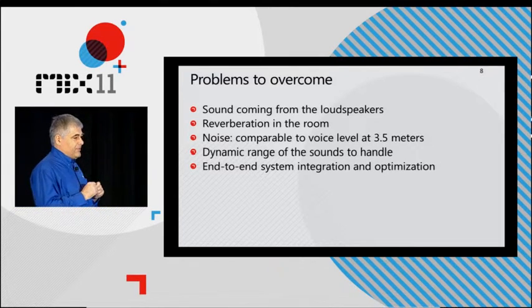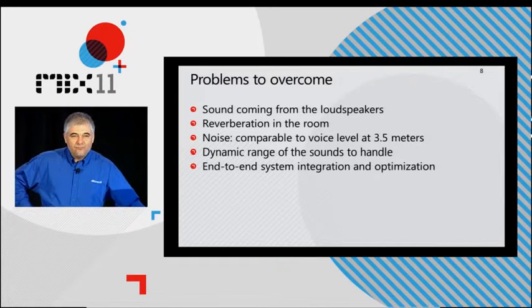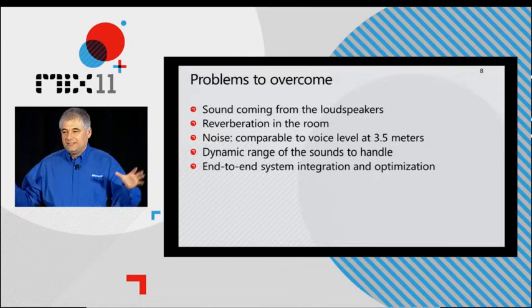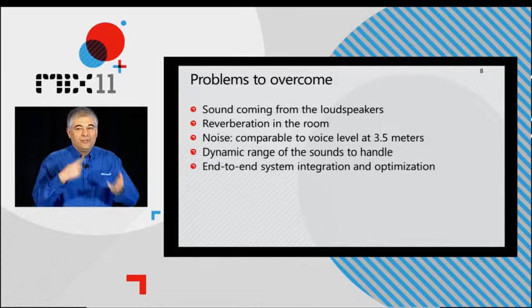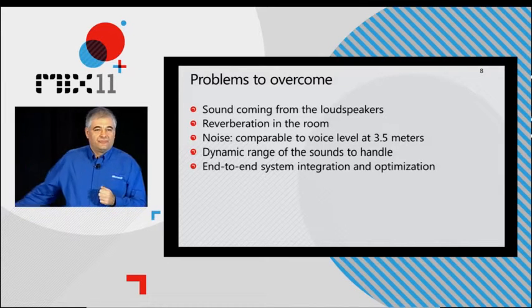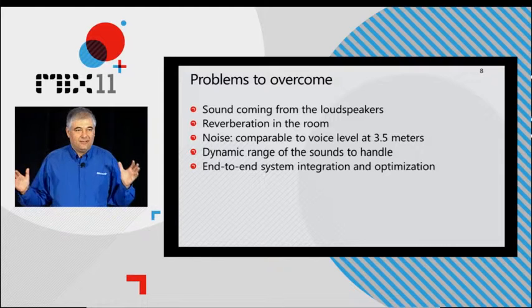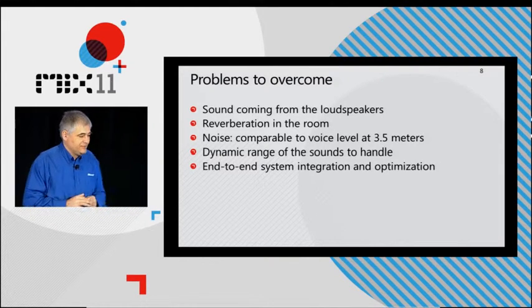And of course, in this particular case for Kinect, we have an enormous dynamic range. Remember, speakers are near, they are playing very loud sound, and we want to capture a quiet voice 4 meters away. So we have to handle this somehow, the enormous difference between the levels of the sounds.